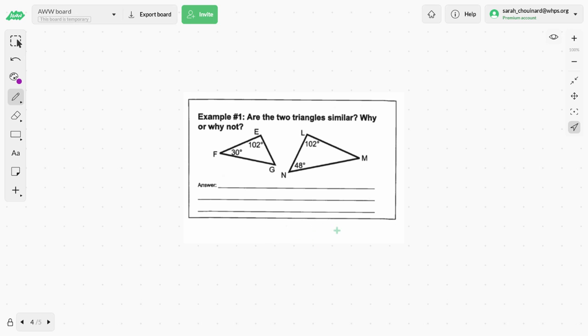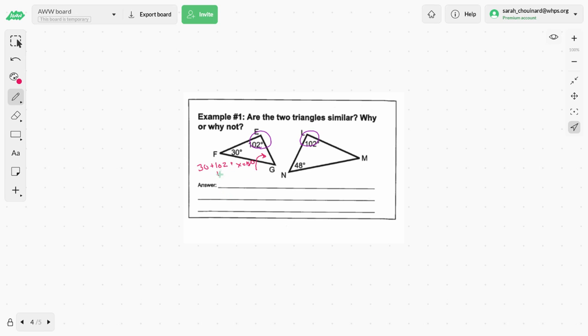At first, I'm looking at these two triangles and I'm thinking they're not similar because they only have one pair of angles that are the same. And I know that I need to have at least two pairs. But I actually want to find this angle, G, just to make sure. So let's do the triangle sum theorem. 30 plus 102 plus x equals 180.